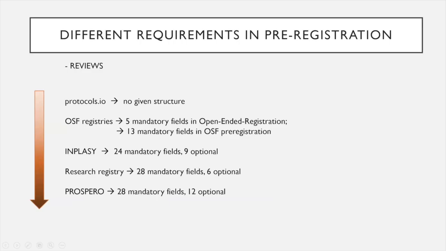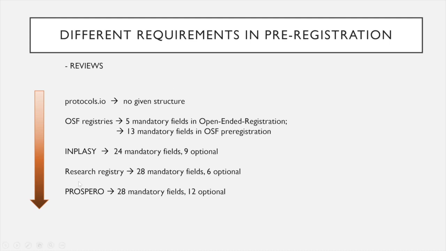Right? Okay. Here, for reviews, we have the same thing. For instance, in protocols.eu, we have no given structure. We can, again, just write a simple summary. Then we have the OSF registries, where we have, for instance, 5 mandatory fields, or another one more detailed with 13 mandatory fields.